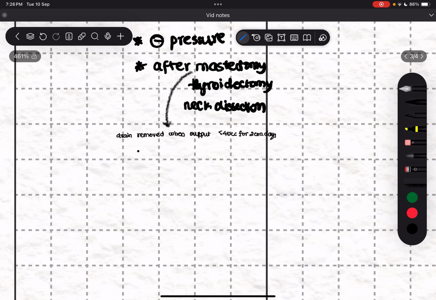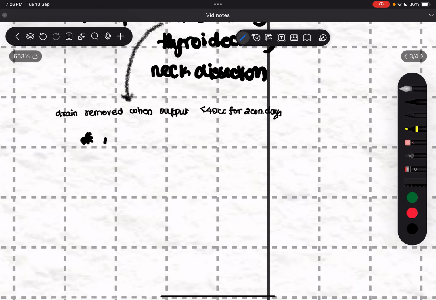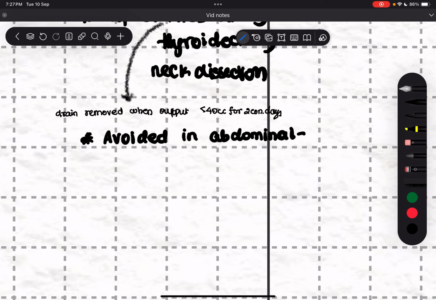And it is avoided in abdominal surgeries due to risk of perforation or pulling of the abdomen, leading to a suction effect.